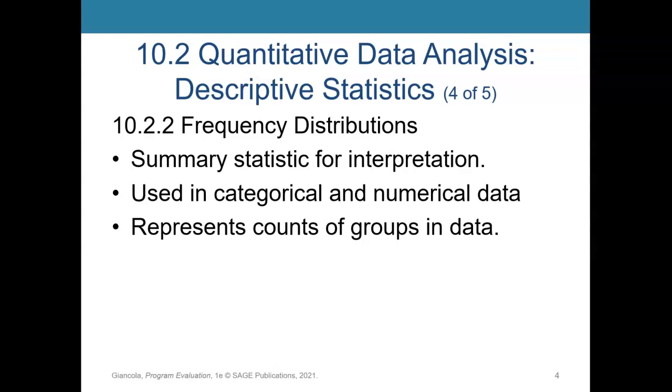You can use this for numerical data as well as categorical. You might have collected data on eye color, for example, and so you might create a frequency distribution that shows how many of your respondents have green, blue, or brown eyes.